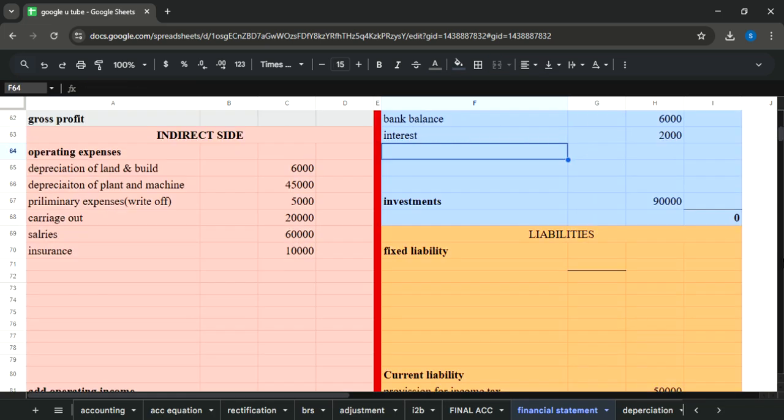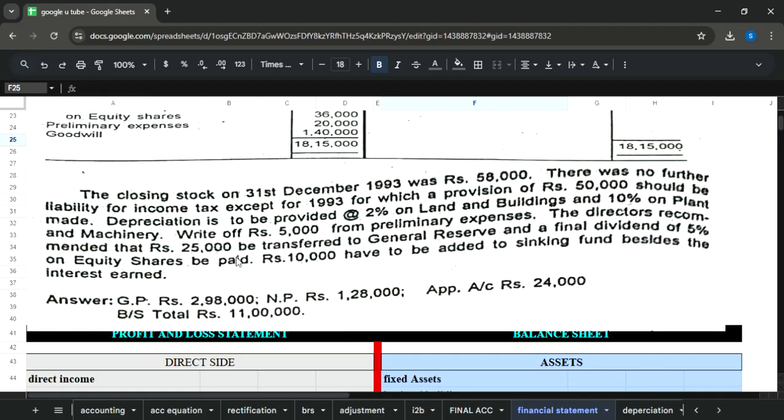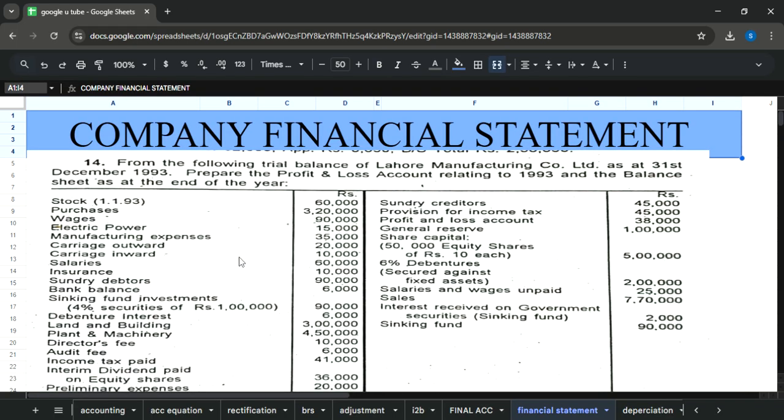Here you can see, the remaining part was shown over here. 4000 total interest, 2000 actually received, and the remaining is still receivable. So one thing we have done is directly jumped to this side. It could possibly have been skipped, but right now we have completed it.